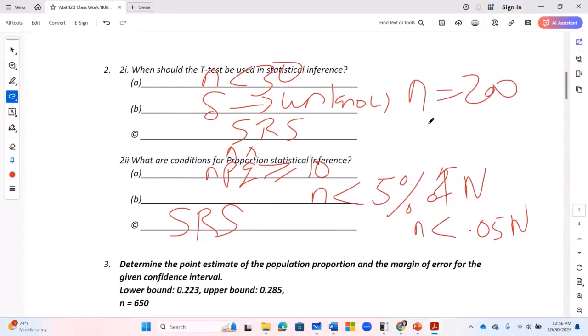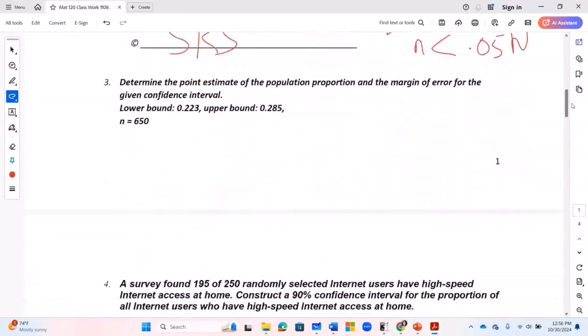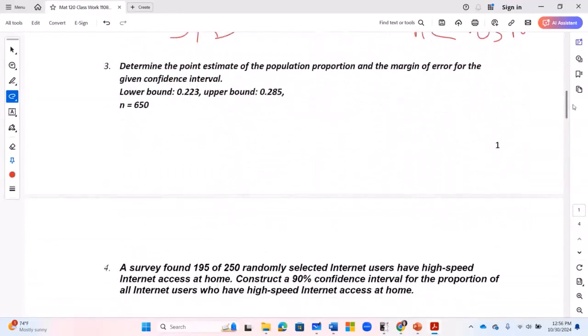Okay, now let's go on and calculate. Like yesterday, 2 days ago, we calculated the confidence interval for proportion. We're going to do one before we get into confidence interval for T. Determine the point estimate of the population proportion.